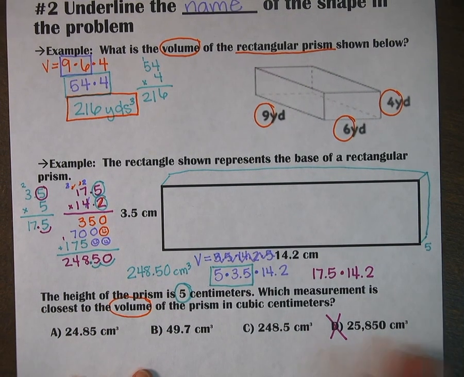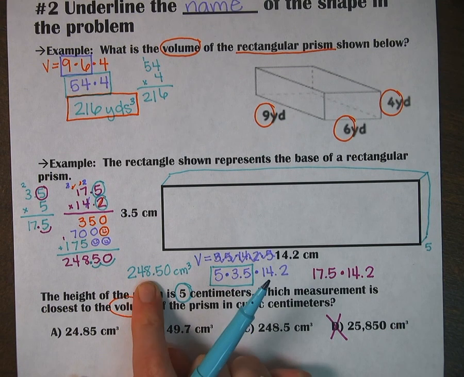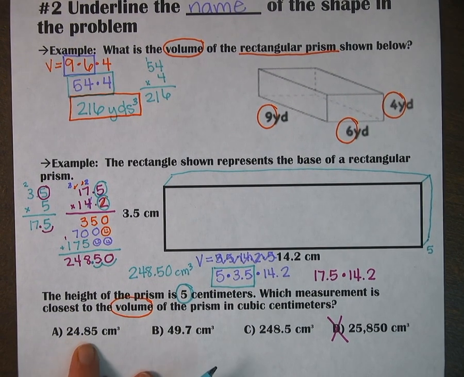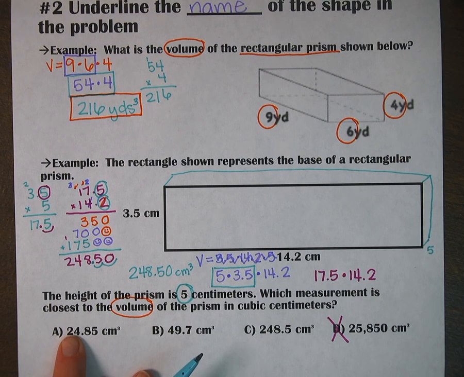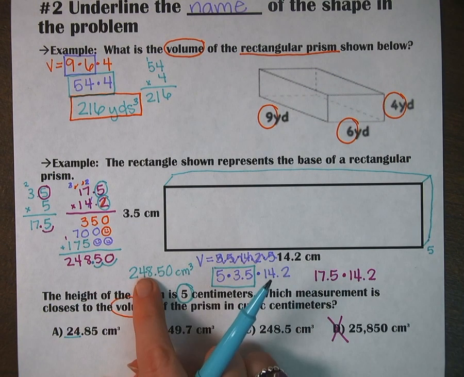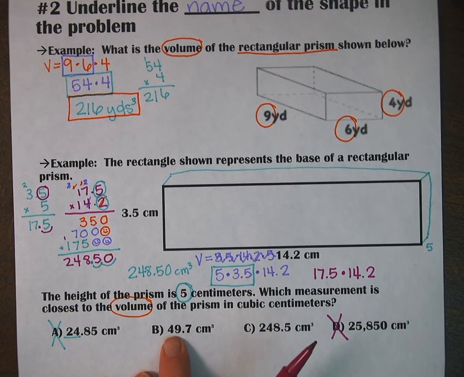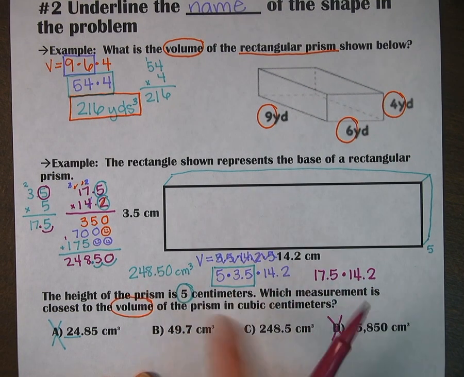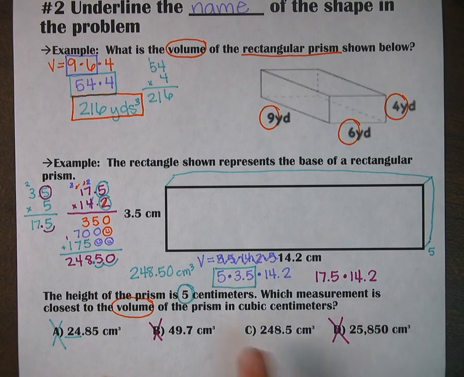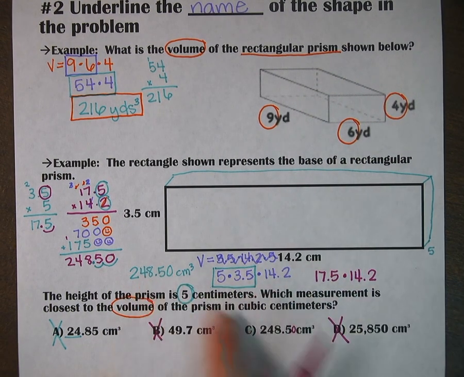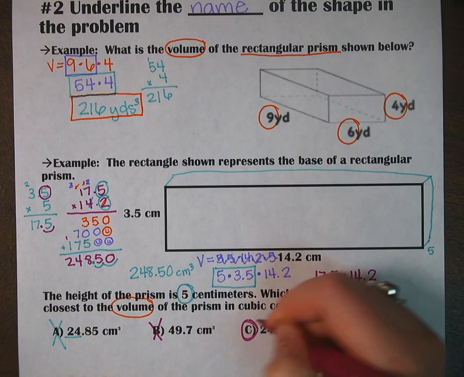So now I can look at my answer choices. I need a whole number of 248. This one has all the right numbers, but it has a 24. I need 248, so that is also a Joe Schmo. They messed up on that placement. This one has a 49, which is not even close. And then this one, if I added that 0, that would be a perfect match. So my answer is C.